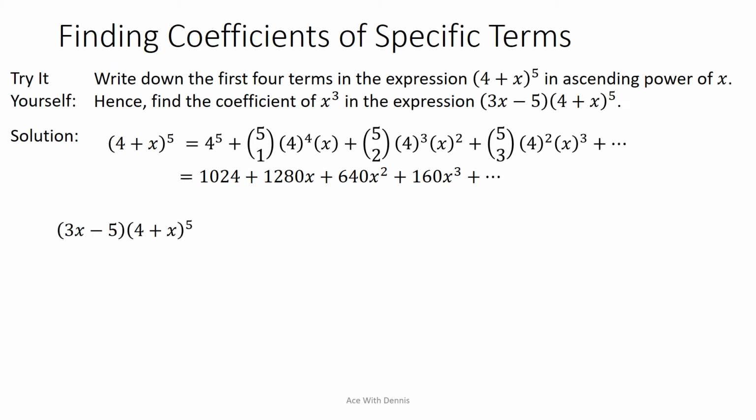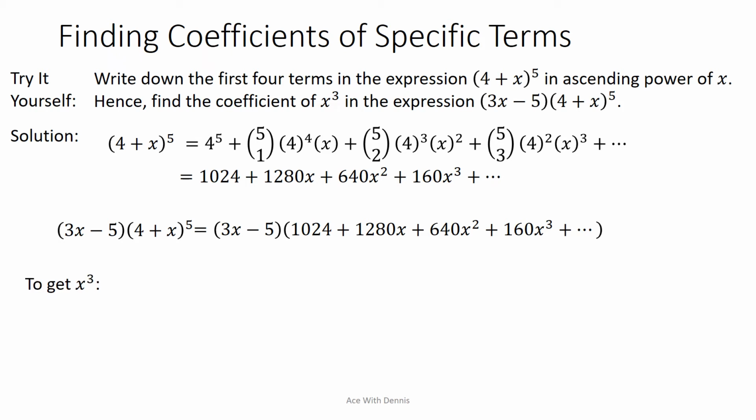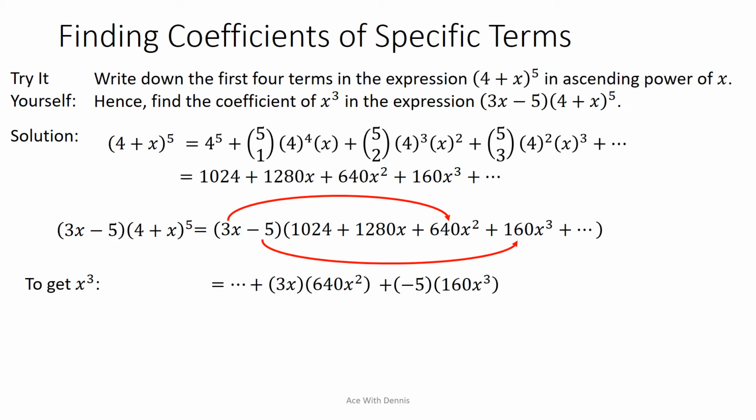Now we move on to find the coefficient of x cubed by expanding (3x - 5)(4 + x)^5. It will be (3x - 5) times (1024 + 1280x + 640x² + 160x³ + ...). In order to get x cubed, the combination will be 3x times 640x², plus negative 5 times 160x³.